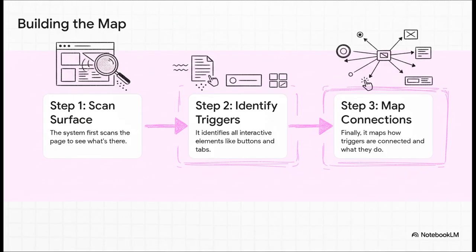I know it sounds complicated, but just think of it as a super detailed blueprint. A state is simply what the page looks like at any moment. A graph is the map of how you get from one state to the next. So it's building a complete map of every possible version of the page and how to get between them. It starts by scanning the page, then it identifies all the interactive triggers, the buttons, the links, the tabs. And finally, it maps out how all those pieces connect.